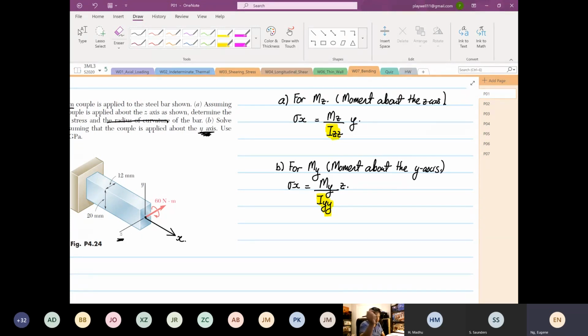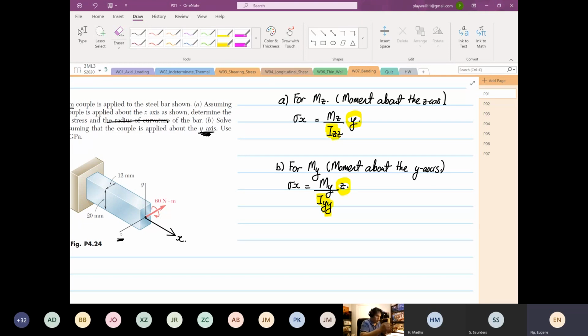And also make mistake regarding what is Y and what is Z. So I'm trying to come up with a technique for you to identify this with minimum error. Okay, that I want you to have that confidence, because if you don't have the confidence in this, when we go into unsymmetric bending, okay, we're done. Okay, we're done. So this is the foundation.